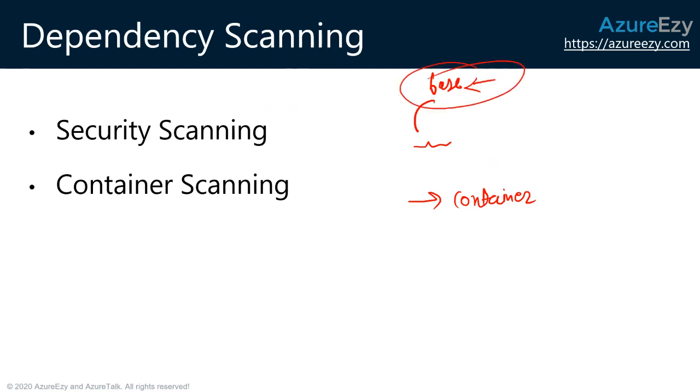A base image can be taken from anywhere, like Docker Hub, and anyone can publish their image in Docker Hub. Now suppose your software developer, infrastructure developer, whoever is supposed to package this Dockerized image, is referring to a base image which is published by someone whom you cannot verify.